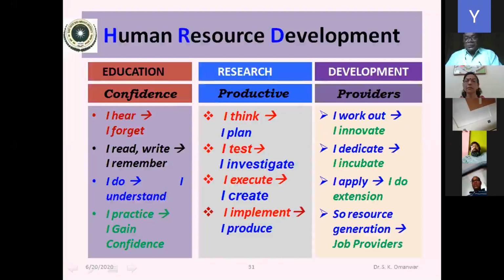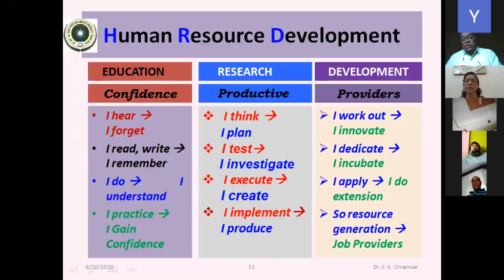Once I produce, it becomes a commercially viable product. And real development will be witnessed only when development leads to providers. I work out, I innovate, I dedicate, I incubate, I apply, I do extension.